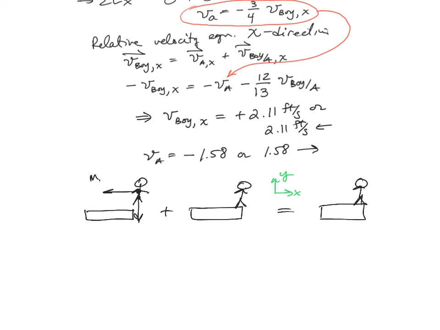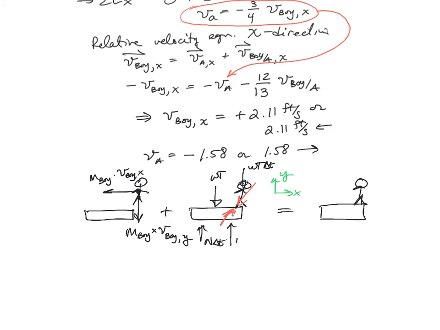It's going to be the mass of the boy times v boy in the x direction, which we just found, of 2.11. And that would obviously be the mass of the boy times the velocity of the boy in the y direction. All right, we've got our big impact forces. We've got all of our weights times delta t. We've got normal forces times delta t.